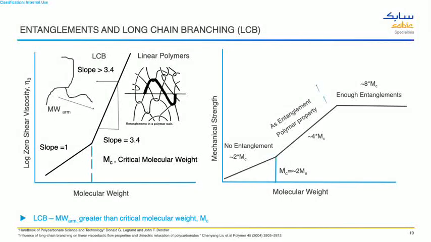More importantly, if you take the solid state, you have mechanical strength as a function of molecular weight. At the very low molecular weight region, there are almost zero entanglements. Then beyond a certain molecular weight, you have some entanglement, viscosity goes up, and you have a polymer property, meaning a certain strength and ductility.